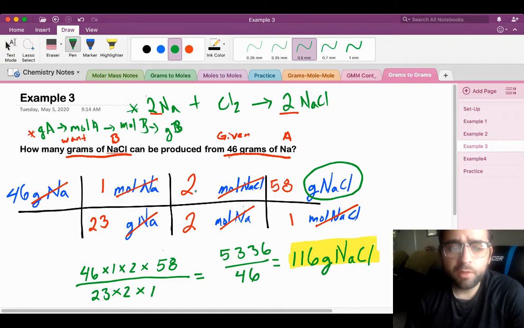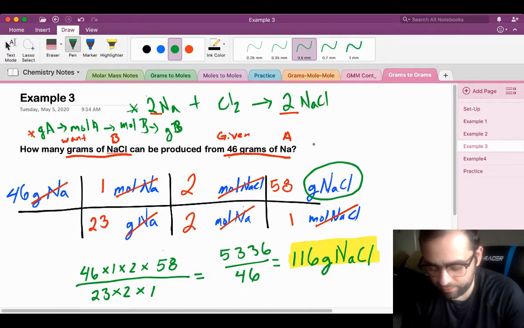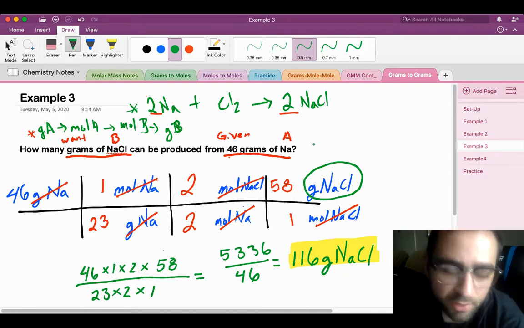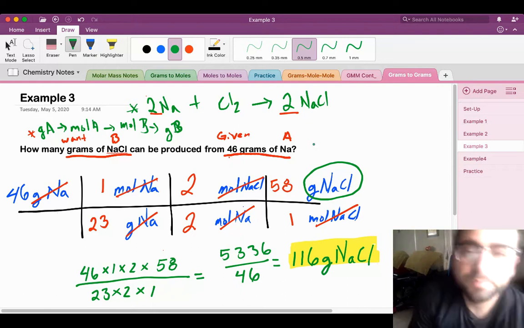So put this in, and then the last two boxes, this one and this one, is just finding the molar mass. So add up the total masses of each thing, if it's a compound or a molecule. If it's just an element by itself, the way that Na was, then it's just going to be the molar mass of the atom or the element that you have.